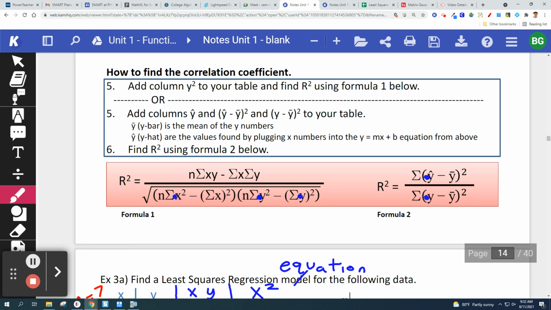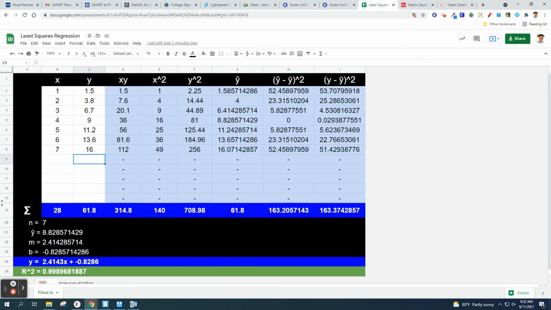Now it seems like they're both kind of difficult, but formula 2 is divide these two sums. If you're looking at this chart, y hat minus y bar squared and y minus y bar squared, all you have to do is divide this number and this number.